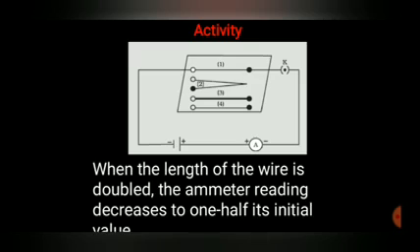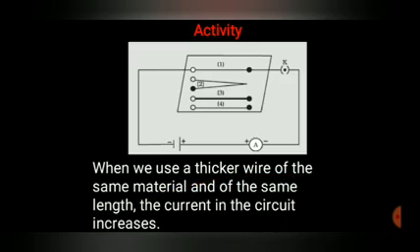In the second case, when the wire is doubled, we see the current decrease to half of its initial value. When we use a thicker wire, in the third case, we can see the thick line that indicates the thicker wire. When we use a thicker wire of the same material and the same length, the current in the circuit increases. Due to the thickness, we see the increase of the current.